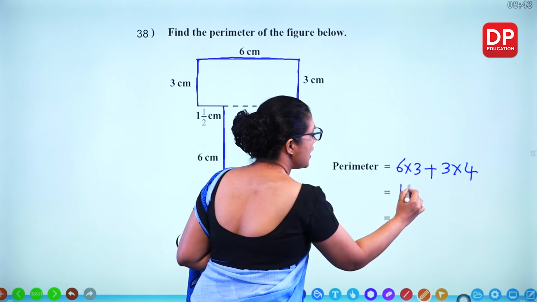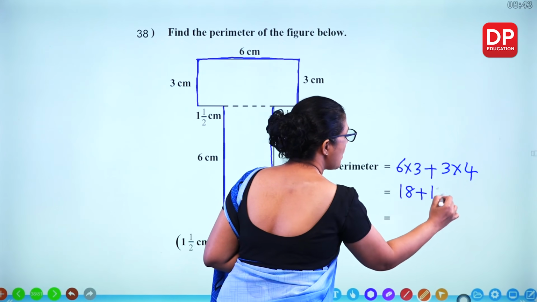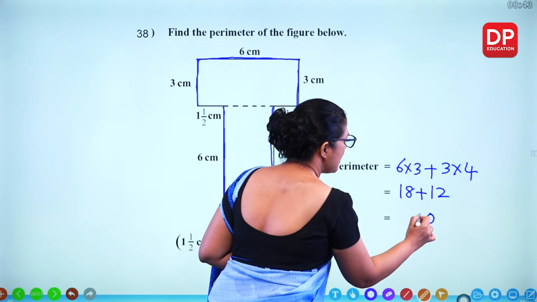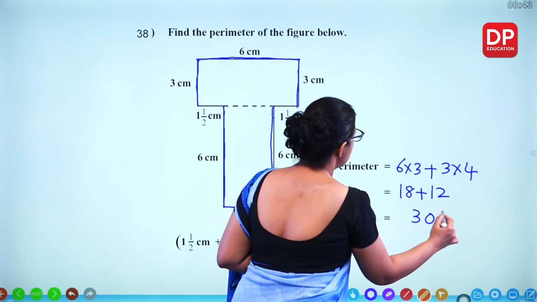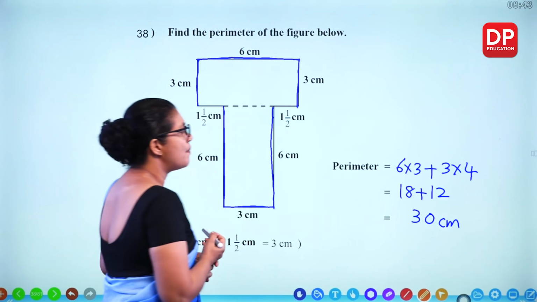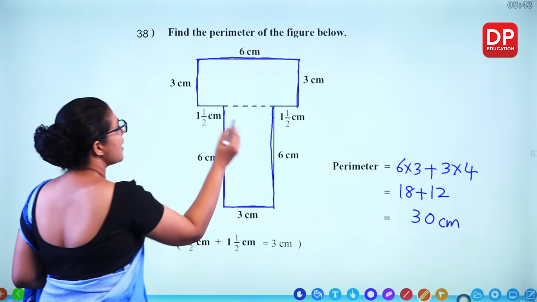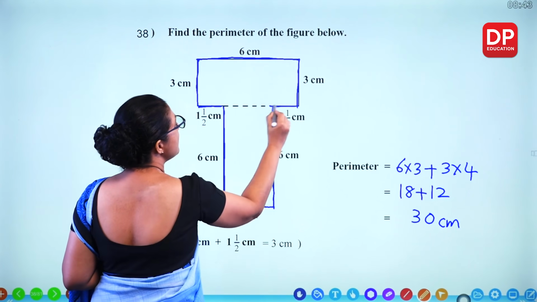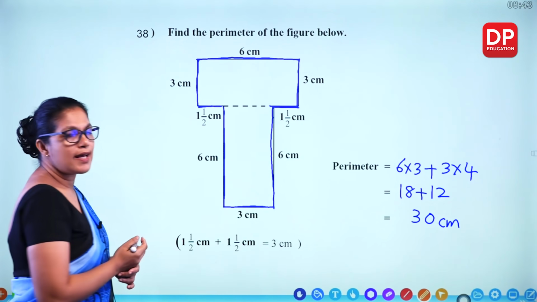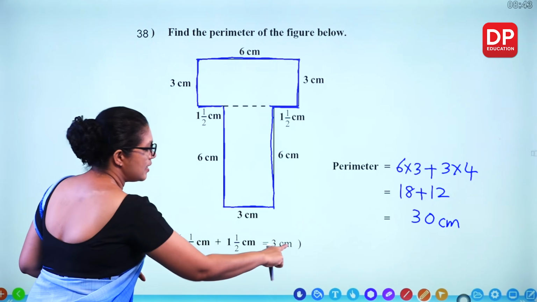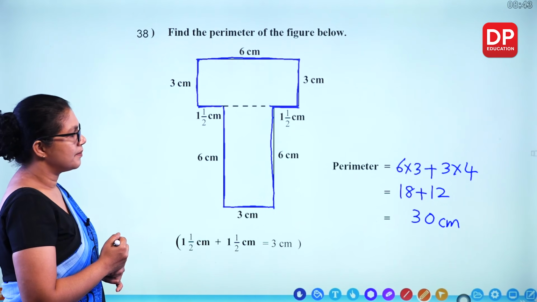So 6 times 3, 18. 3 times 4, 12. When you add it together, you get 30 centimeters as the perimeter of the combined figure. So I can highlight this 1.5 and we took as 1 unit, that's 3 centimeter unit.